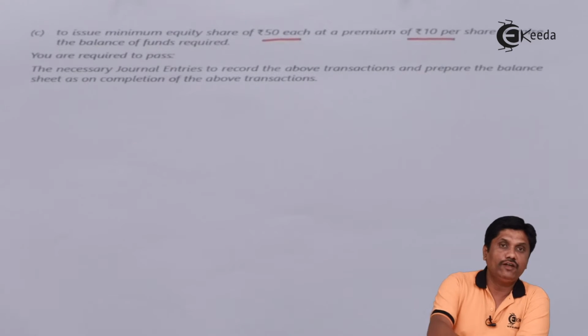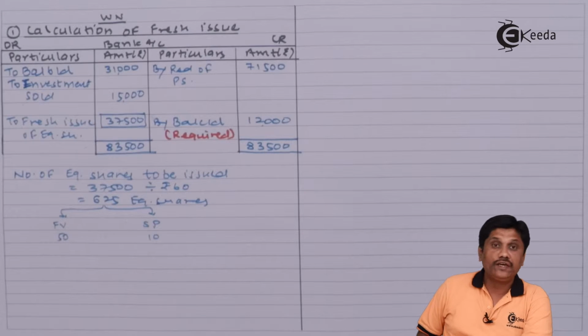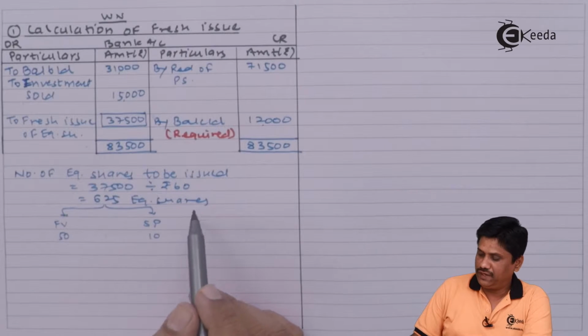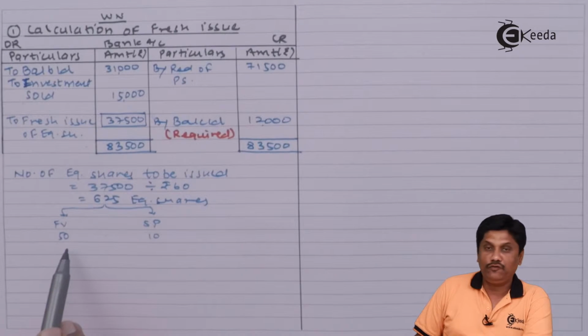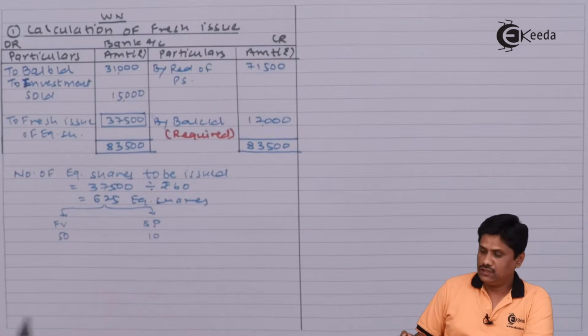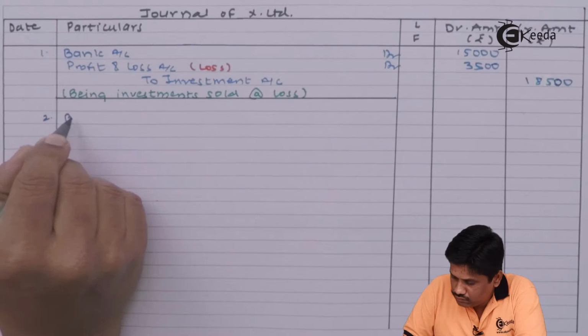Fresh issue, we have done in the working note. In this working note, we decided that we will issue 625 equity shares of a face value of 50 rupees at a premium of rupees 10. So I will pass the entry for that.